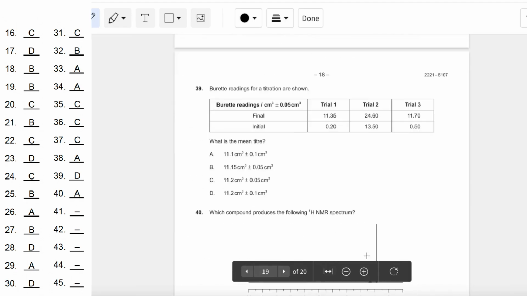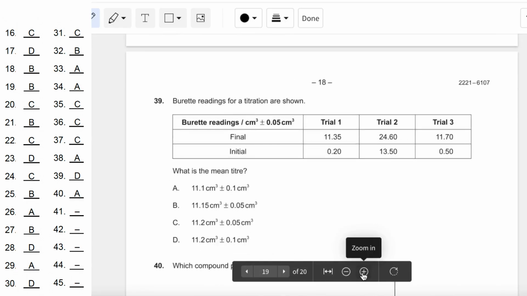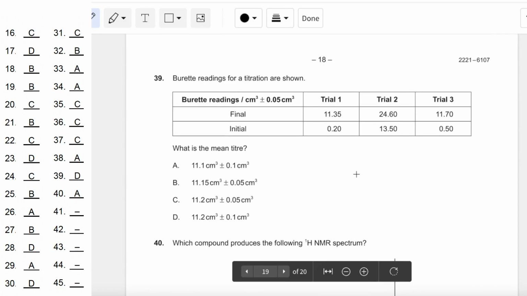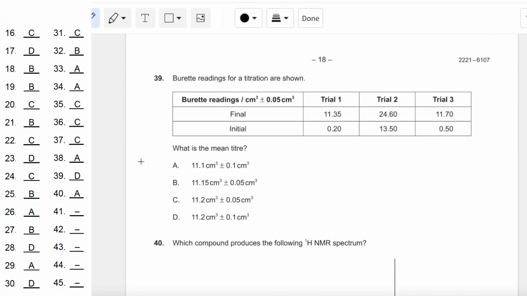Number 39, it's actually a little bit confusing when I see the mark scheme is D. But trial 1, the difference will be 11.15, and this one will be 11.10 because final minus initial, and this one will be 11.20. So if you take the average of this, it will be 11.15.